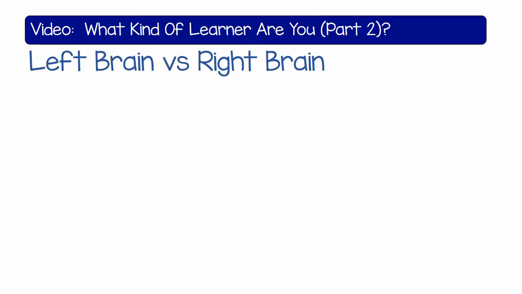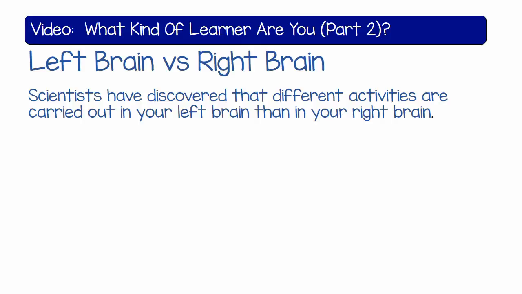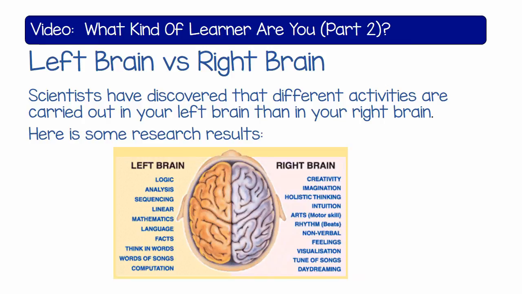Left brain versus right brain. Scientists have discovered that different activities are carried out in your left brain than in your right brain. Here are some research results. The left brain: logical, analysis, sequencing, linear, mathematics, language, facts, think in words, words of songs, computations.